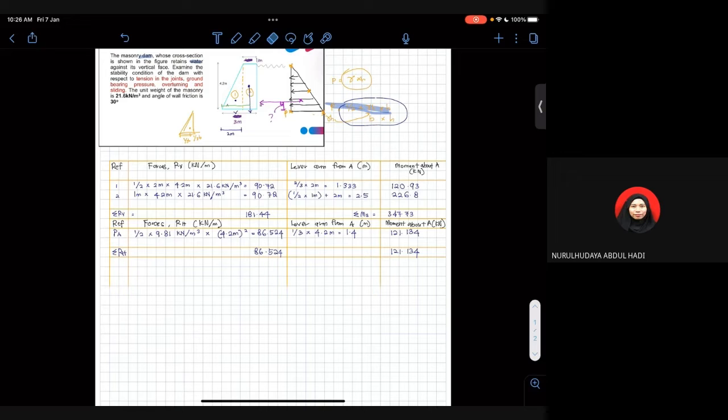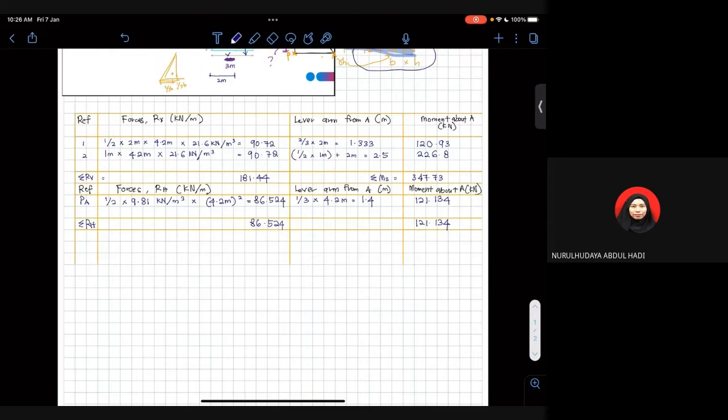Tengok balik soalan. Dia minta apa? Tension in a joint, ground bearing pressure. Kalau kita nak kira ground bearing pressure, obviously kita akan dapatkan X, which is position of ground reaction. Dekat mana baru kita boleh kira ground bearing pressure. Formula dia B minus stabilizing moment tolak dengan overturning moment bahagi dengan total vertical force.